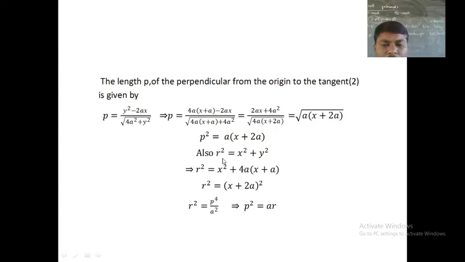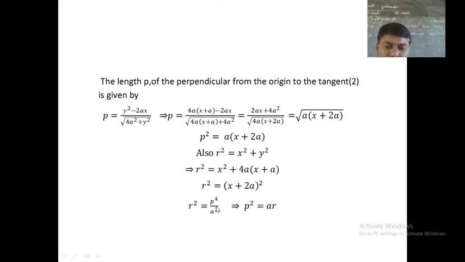Also we know that r square is equal to x square plus y square. So r square is equal to x square plus y square, this is the given problem. Next r square is equal to, this can be written as x plus 2a whole square. r square is equal to, here x plus 2a, by using this, x plus 2a can be written as p square by a. So p square whole square, p raised to 4 divided by a square.